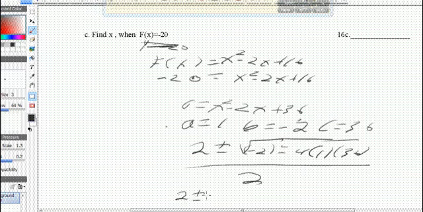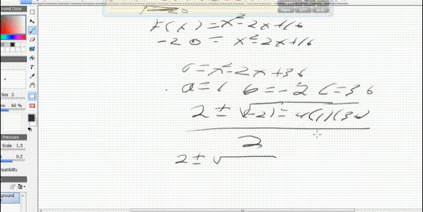That becomes 2 plus or minus the square root of... 4 times 36 is 144. 4 minus 144 equals minus 140, over 2. So I think that turned out to be 2 plus or minus the square root.